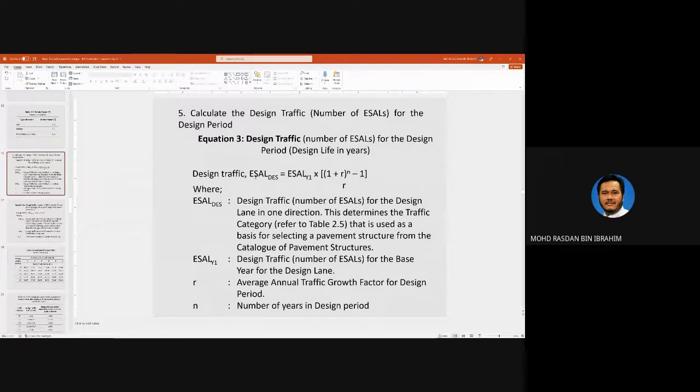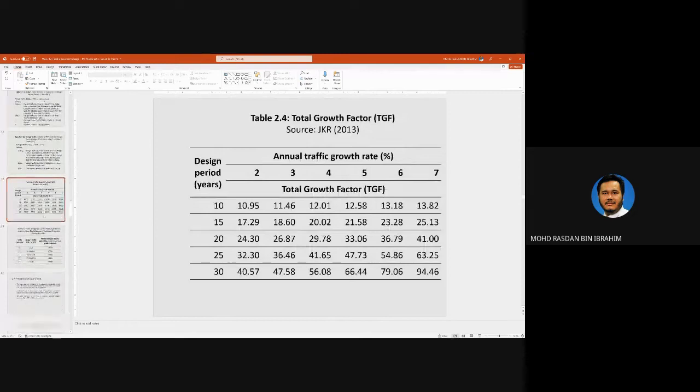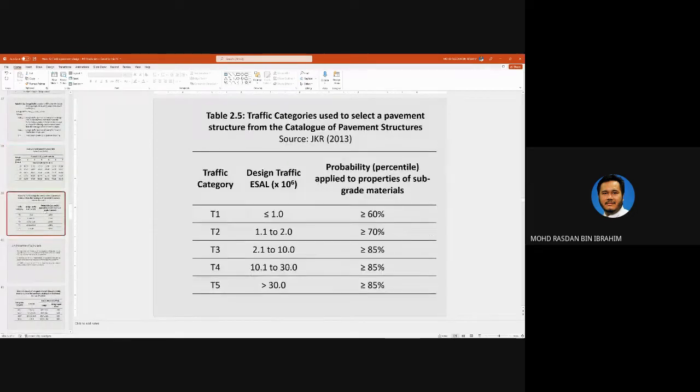So I think you may recall seeing this formula from your economy class. So this is the growth factor, and this is the traffic categories. After you have calculated the design ESAL, you can categorize it here and get the traffic category.